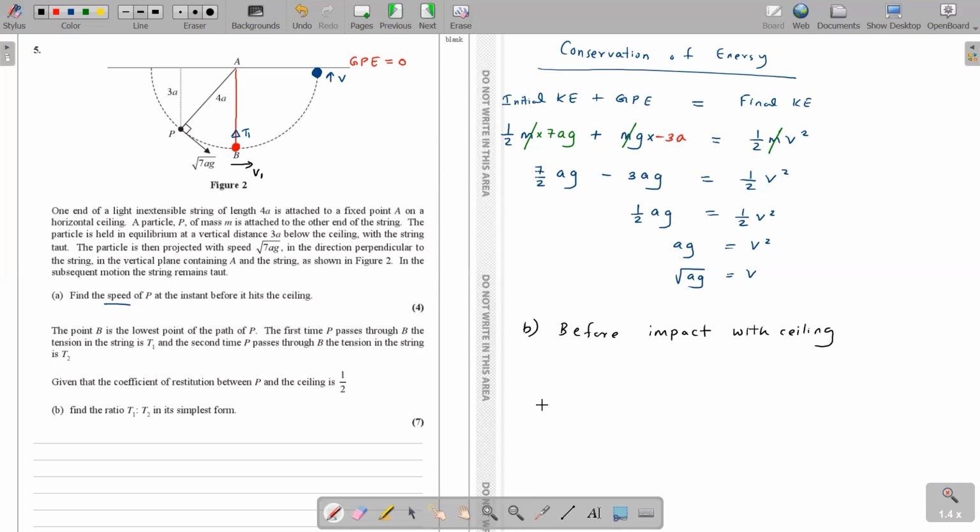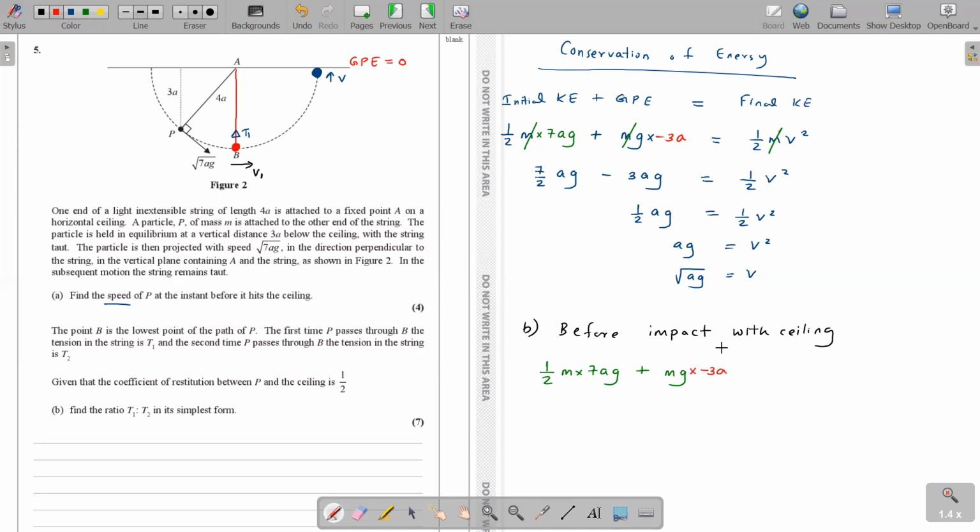To find the velocity V1, I will have to use the law of conservation of energy, from P to B. Initial energy: you have both KE and GP. KE is half mv squared, which is 7ag, plus GP, which is mgh, where h is minus 3a.